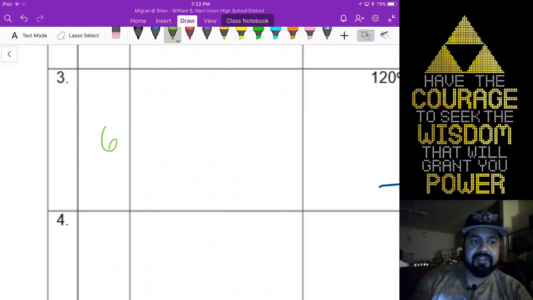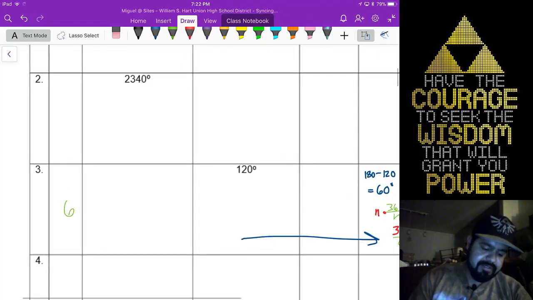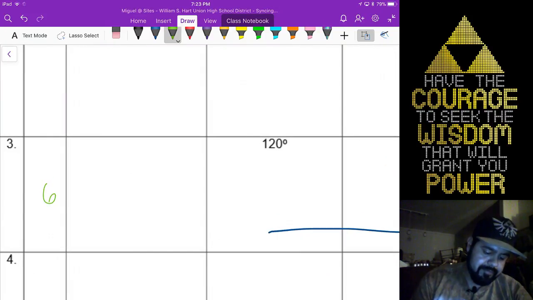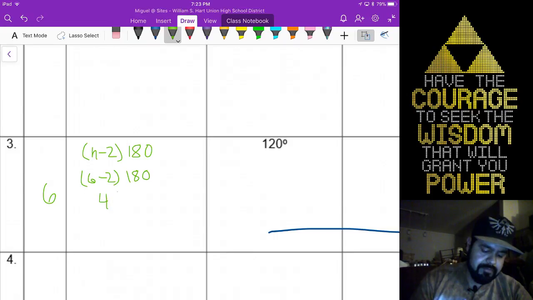You can plug in a 6 right there. And now that you know the number of sides, now you can go do your interior angle sum, which is n minus 2 times 180. So then I believe that gets you 720.